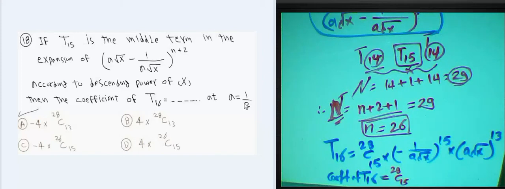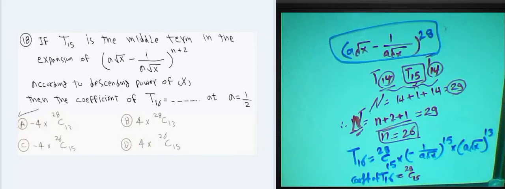When you finish, you must put a equals half. Complete with me. It will be 1 and 1. -1 over a power 15 means a power -15, because a lies in the denominator. And here a power 13.